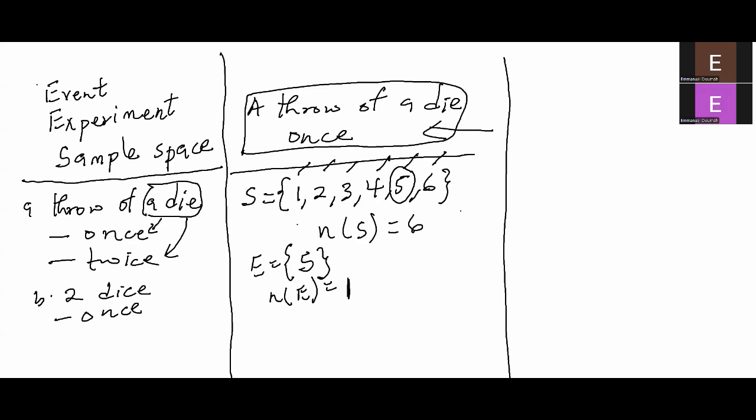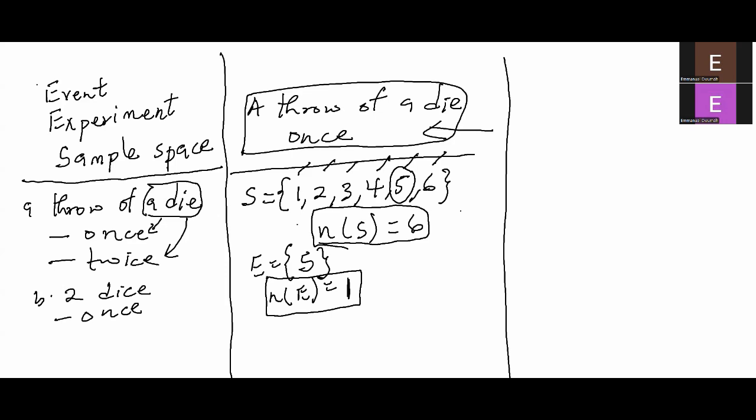So we now have the number of all the possible outcomes we can get. We also have the number of events that the question is seeking for us to find its probability.